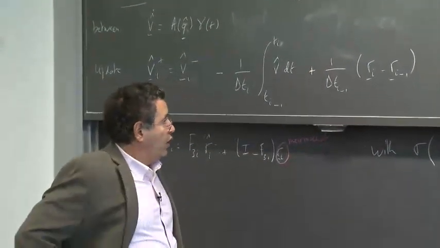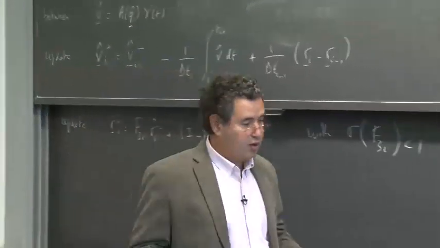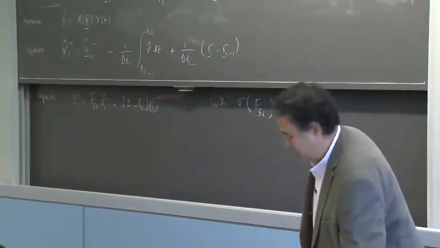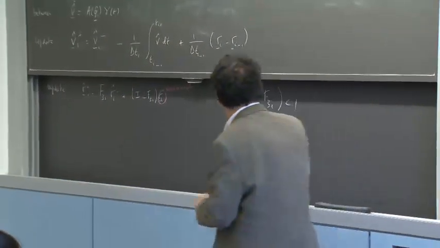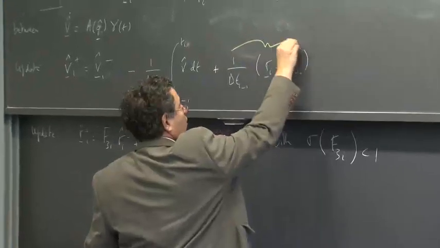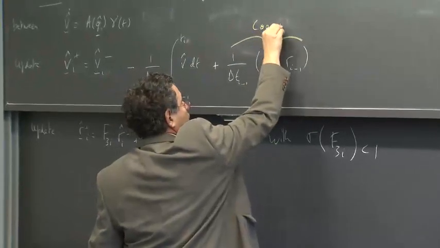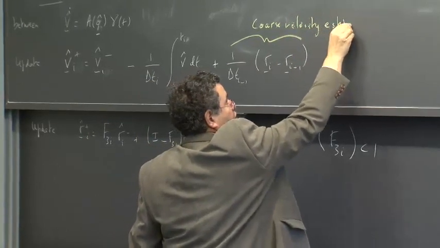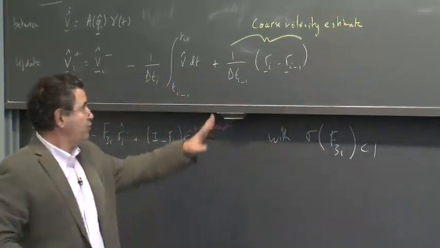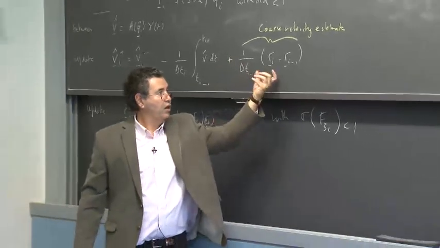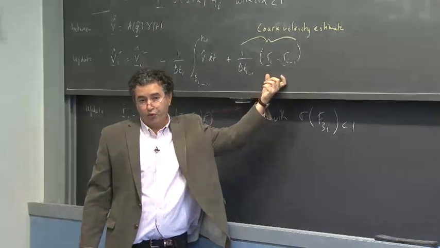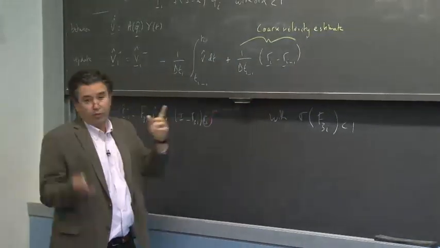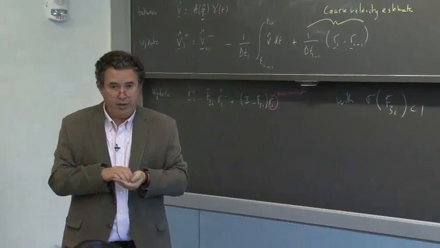So one is basically just, if you want, a coarse velocity estimate, right? Which just says, I have 1 over delta Ti, and I'm just going to look at the difference of position now and at the time instant before, divided by the time between the measurements. So that's as basic as it gets.